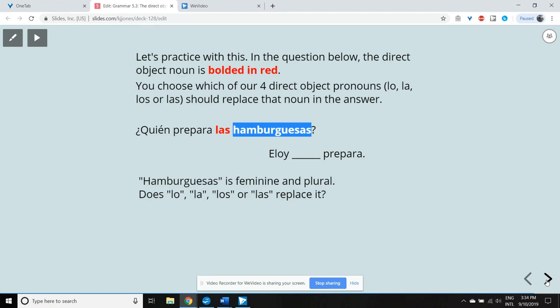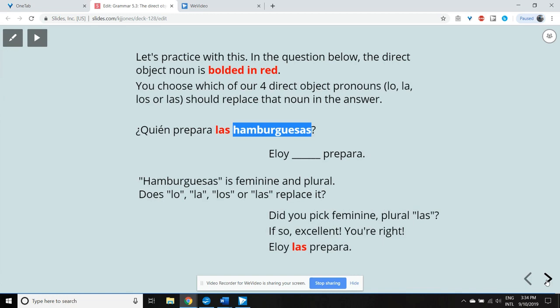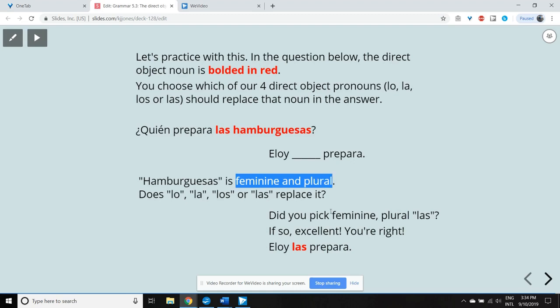Knowing this, do we pick lo, la, los, or las to replace it? Of course, we pick feminine plural las. If hamburguesas is feminine plural, then the feminine plural direct object pronoun replaces it. That one is las. And our sentence becomes Eloy las prepara.